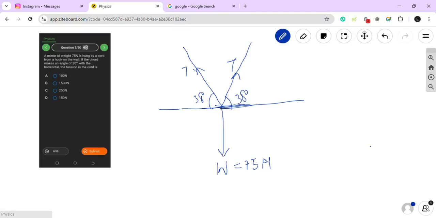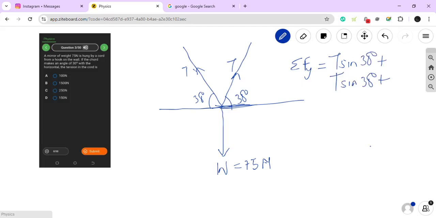So I can say that my summation Fy, because I'm dealing with the vertical component, is going to be T, and don't forget you are picking sine of the angle between that T and the horizontal, that's 30 degrees, plus another T sine 30 degrees.